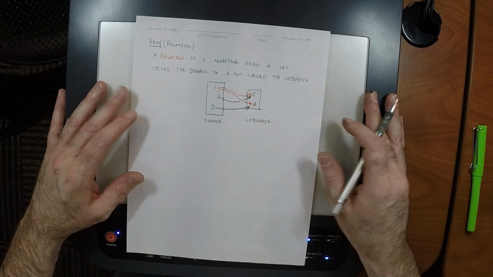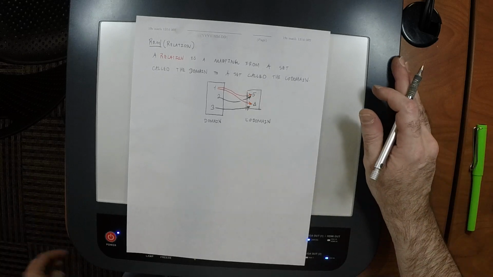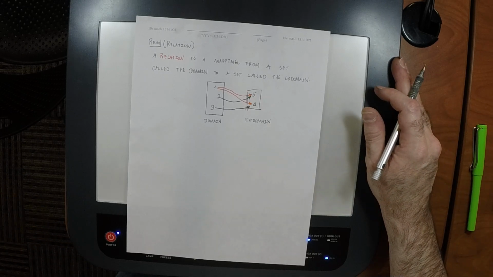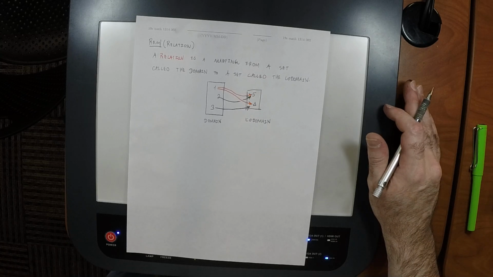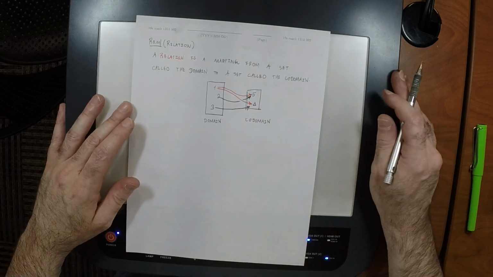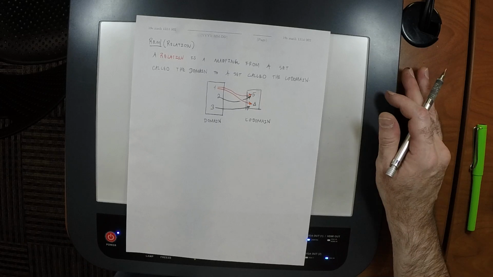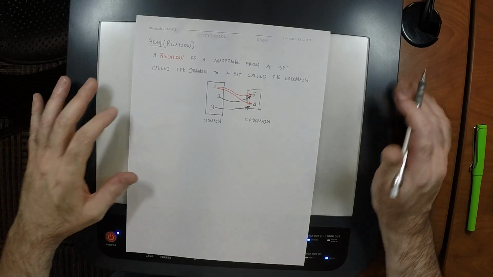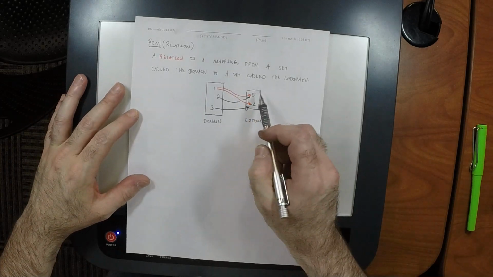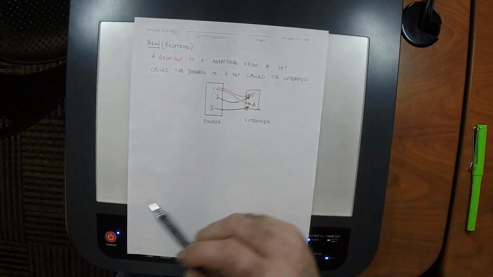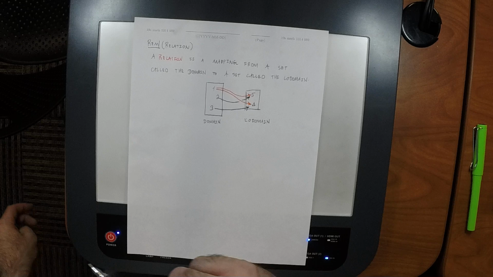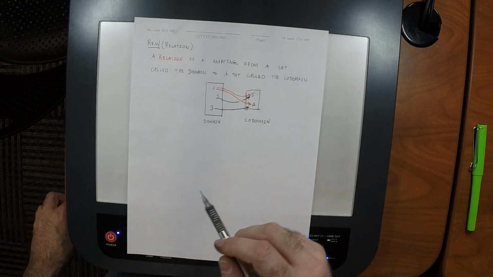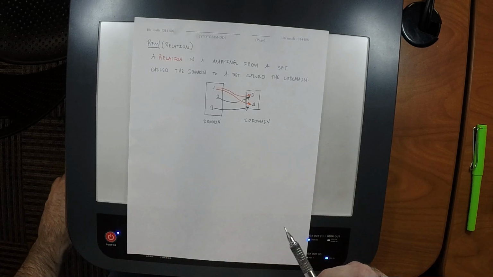All right. So, we use the word relation in everyday usage, right? Like the word relationship, meaning like a romantic relationship, for example. So in that case, the two sets, the domain and the codomain, would be the same set. So it's the set of all people. And then you could say, well, this one's related to that one. Or instead, if you don't want to do romantic relationships, then you could just do familial relationships. This one's related to that one. Okay.